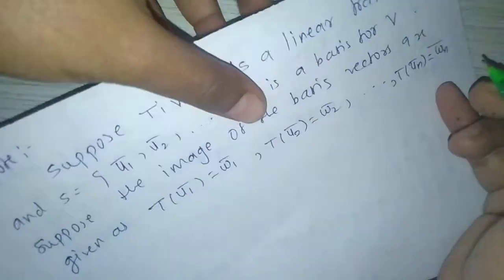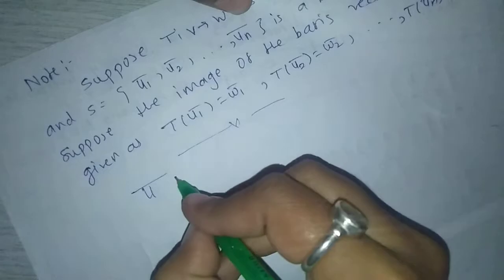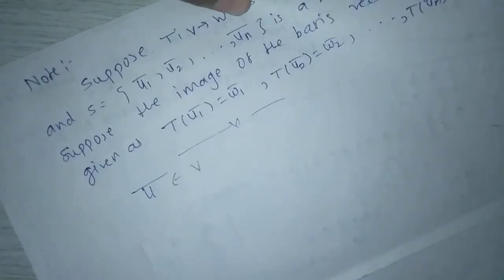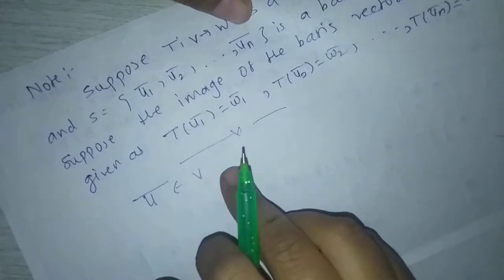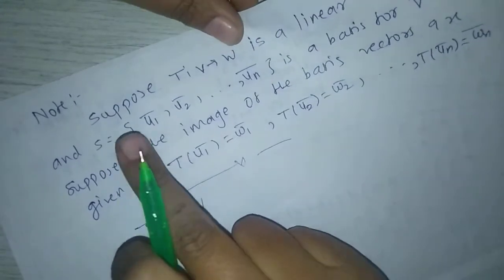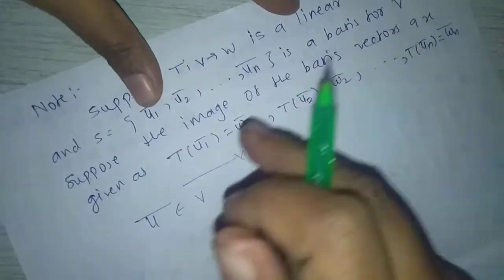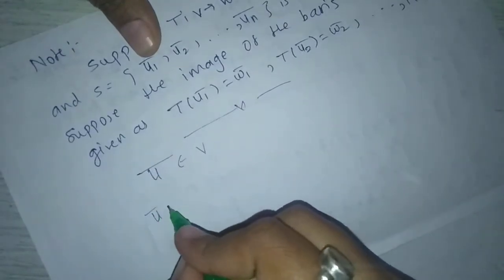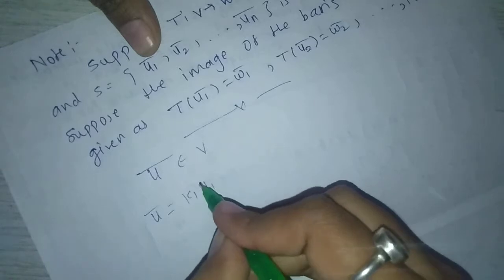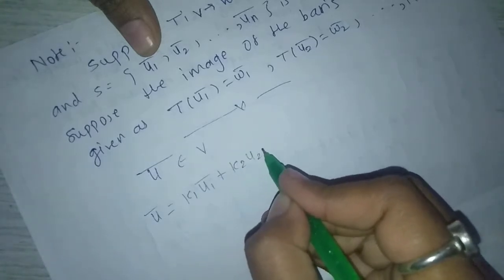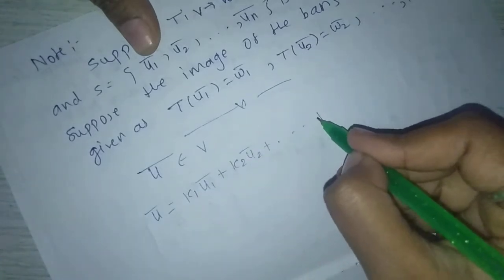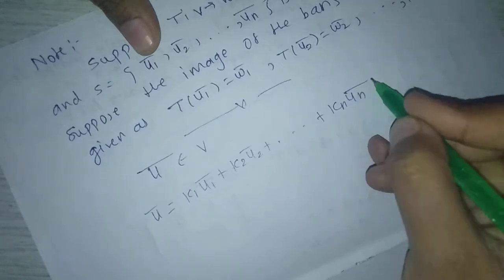Then the image of any vector u bar belongs to V. It can be written in the form of, here V is a vector space and S equal to {u1 bar, u2 bar, and so on, un bar} is a basis for V. So u bar is a linear combination k1 u1 bar plus k2 u2 bar plus and so on plus kn un bar.